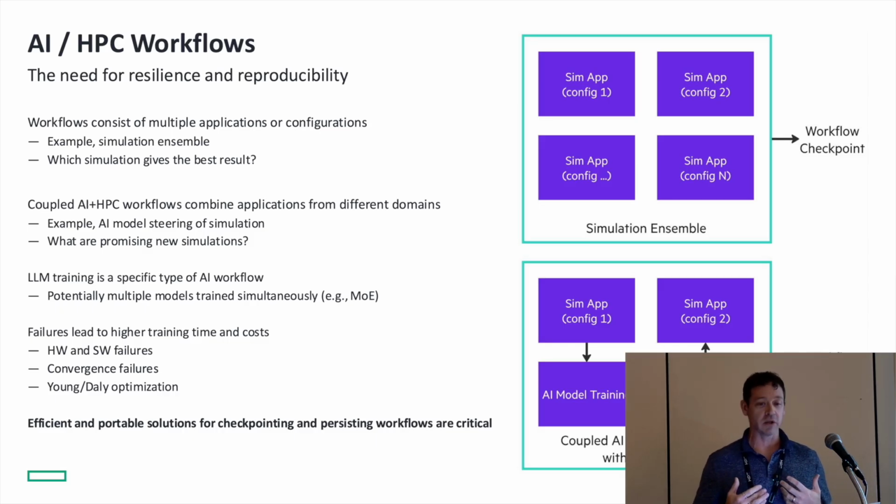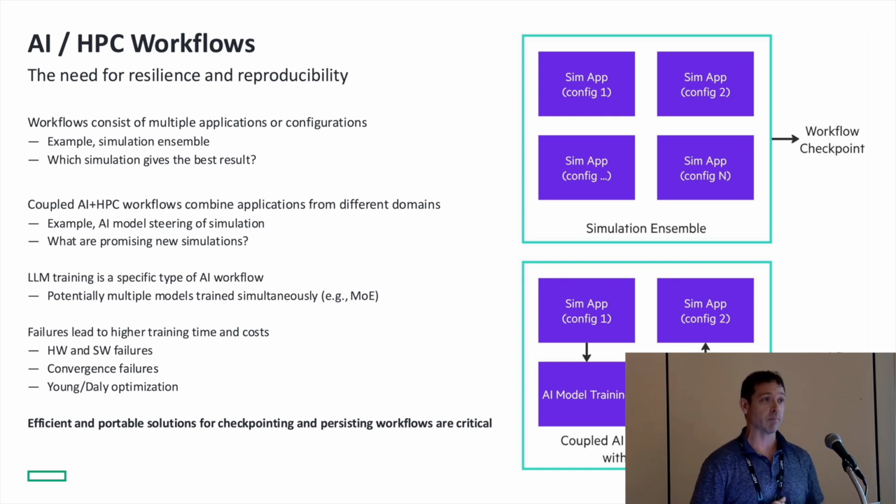Again, I think we're generally tempted to treat training like another monolithic MPI style application, but that's increasingly becoming less the case, especially with things like mixture of experts style training, where you're coordinating multiple applications at once with individual models. And again, you have to have some kind of routing between them.